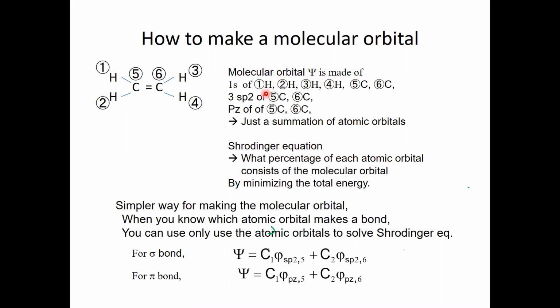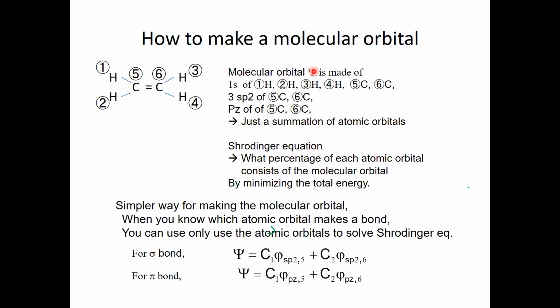Literally, the atomic orbitals are orbitals of the atoms, meaning the 1s orbital, 2s orbital, 2p orbital, and so on. These can be calculated by quantum chemical calculations.